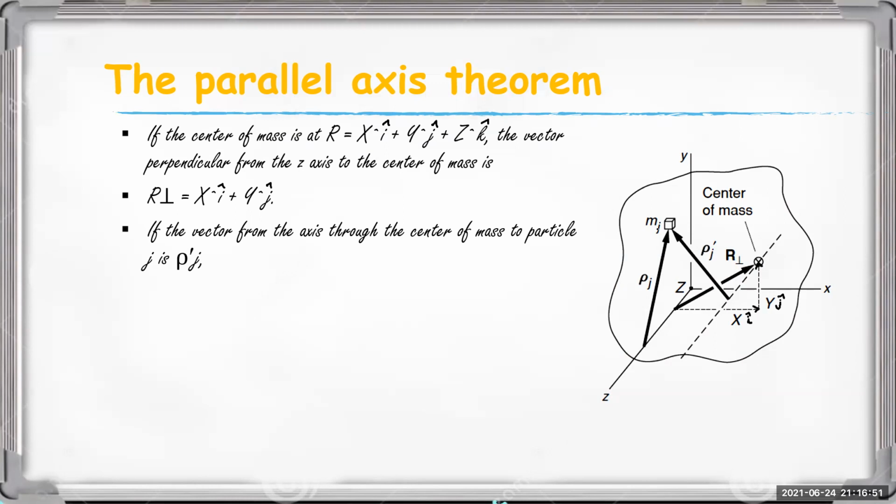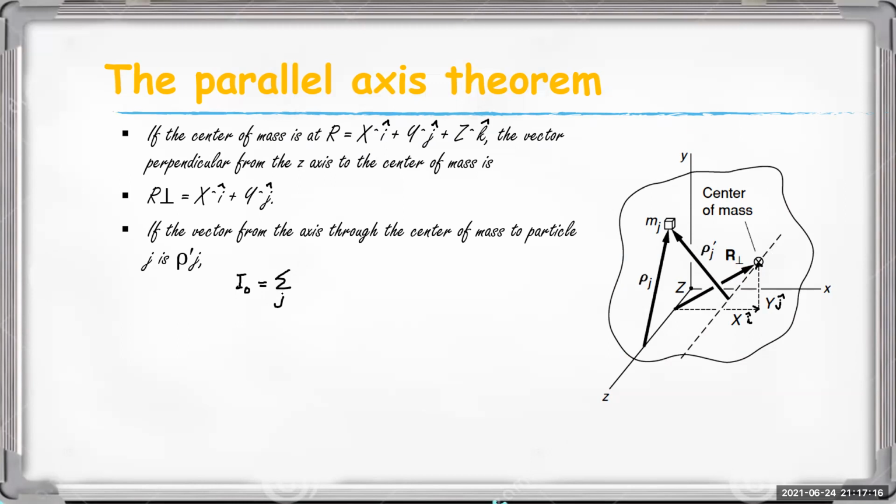Then the moment of inertia about an axis passing through the center of mass is represented as I0.